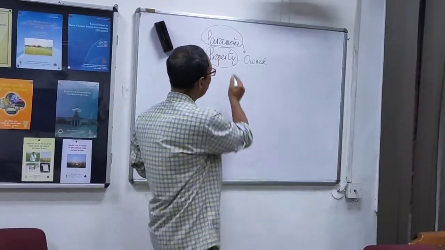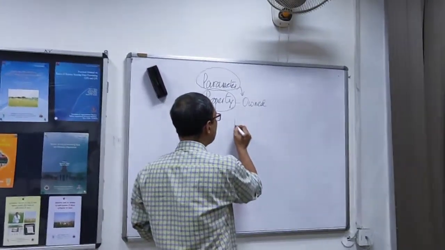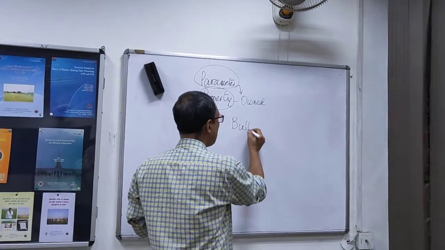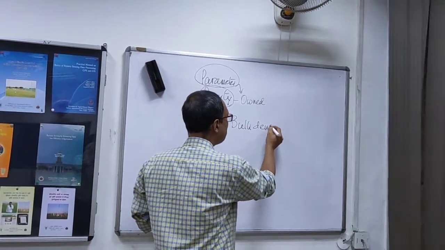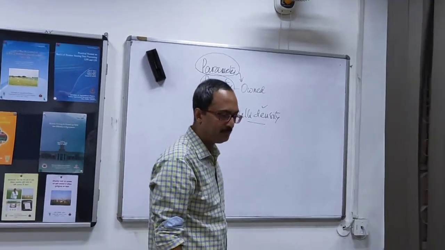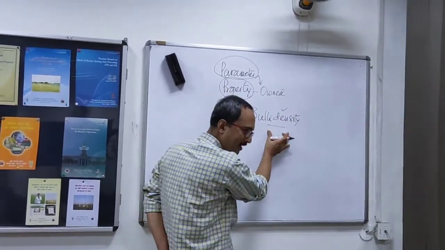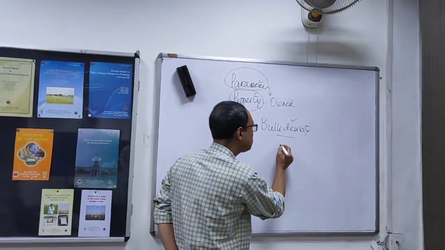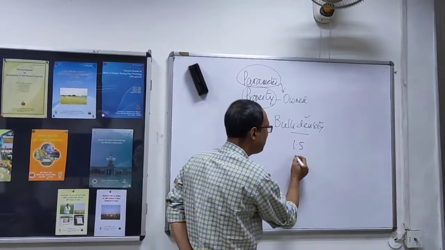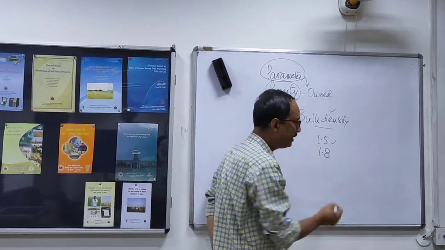Similarly, if you say property of a soil, for example, bulk density, I would rather prefer to call bulk density a parameter, not a property, because bulk density is something which you are quantifying. It's a value. Suppose I give it 1.5 and another 1.8, definitely 1.5 is lower than 1.8.